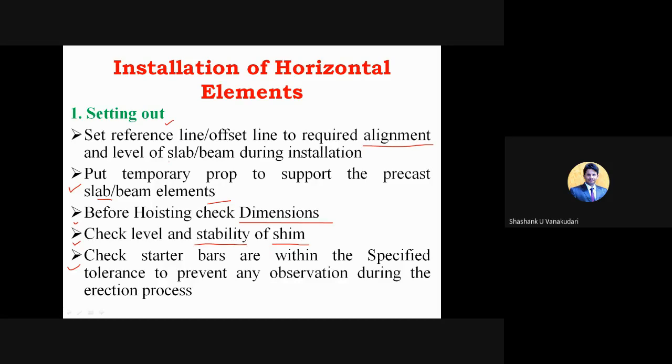Whatever load comes from the different members, like the vertical members here, these starter bars take those weights and distribute them equally. So we need to check that starter bars are provided for these members and within the specified tolerances. These tolerances depend on the original dimensions of the structural elements.